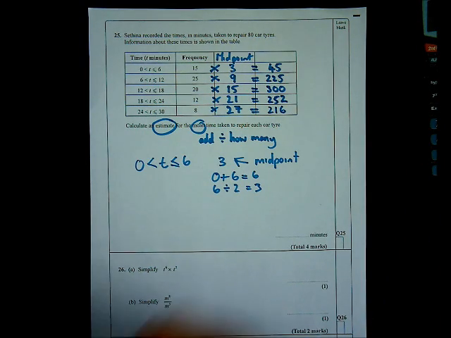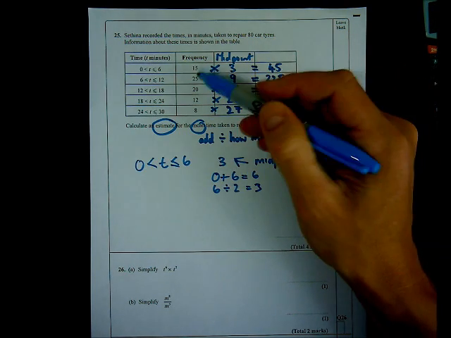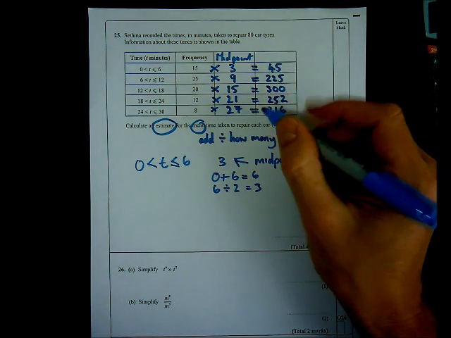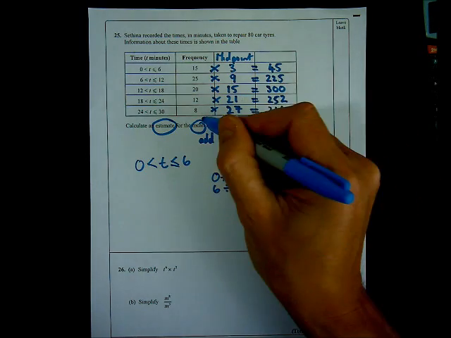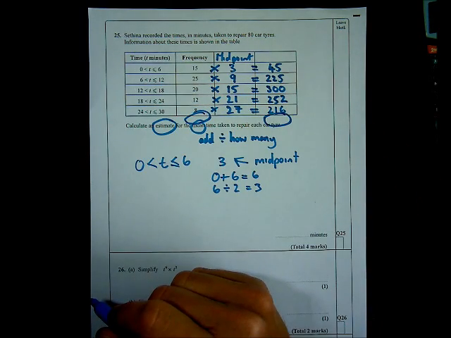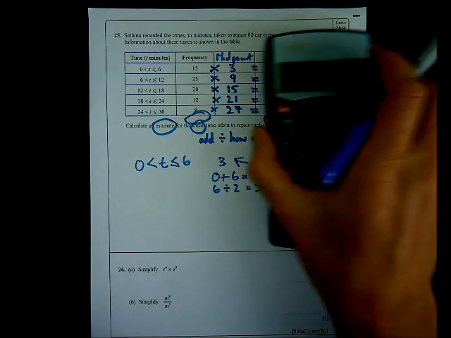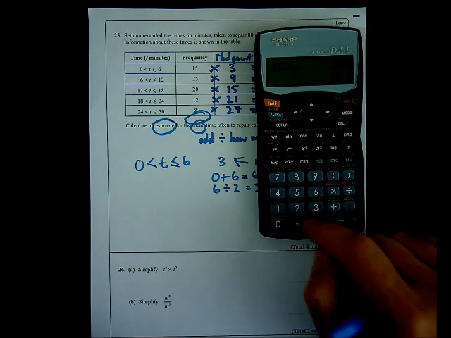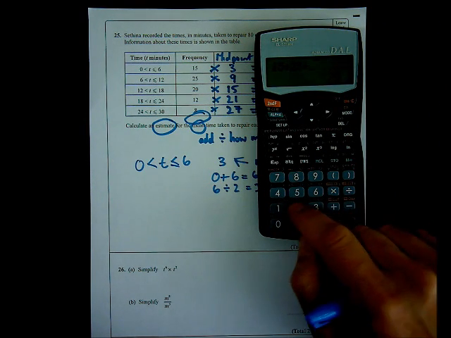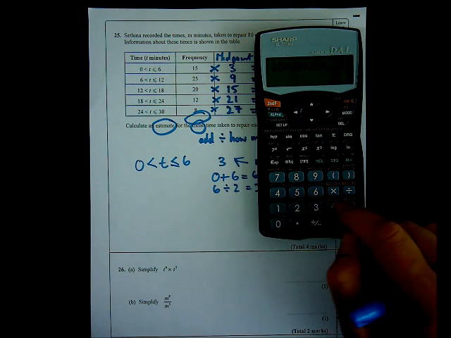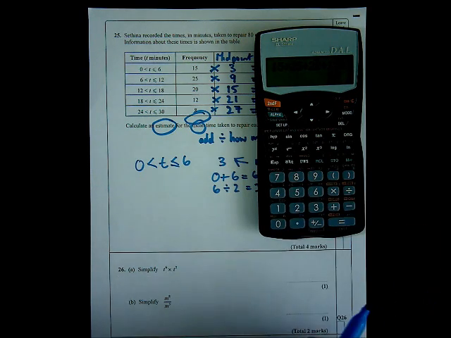I now have what all the times add up to, and I also have how many times there were. And now it's a case of adding up this column and that column. So the first column I'm going to add up is the frequencies, which would be 15, add 25, add 20, add 12, add 8, which would give me 80.